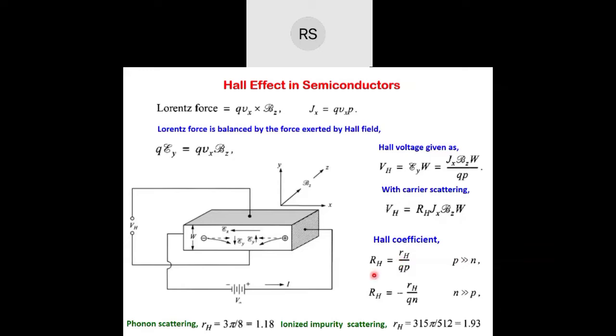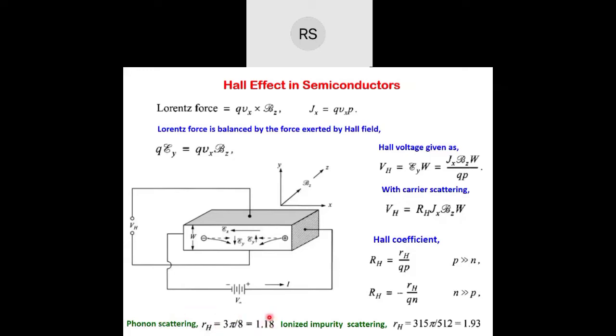Here again, a word of caution: if we go a little bit more into the detail, the Hall coefficient is actually given by Rh equal to small rh. So what is this small rh? This is a Hall factor which depends on the type of scattering. In semiconductors there are different scattering mechanisms, but the main ones are phonon scattering or lattice scattering, and ionized impurity scattering. If you know that phonon scattering is dominant, then this factor is 1.18.